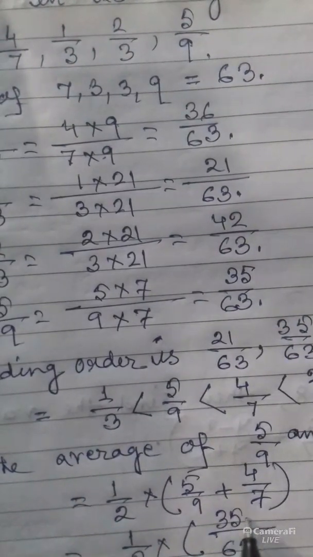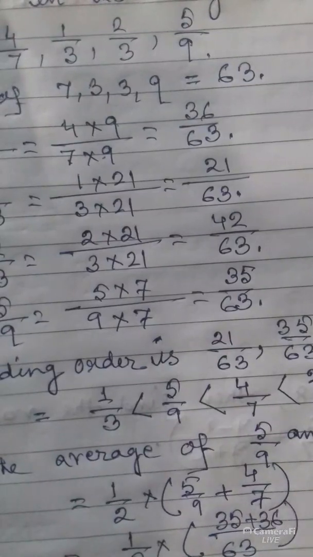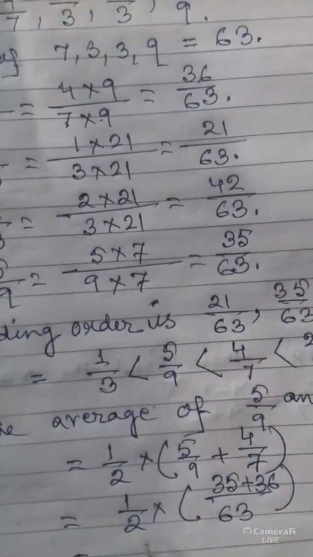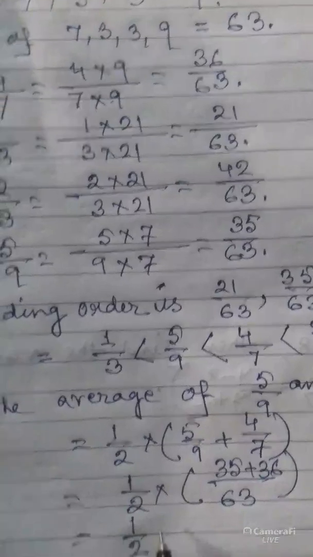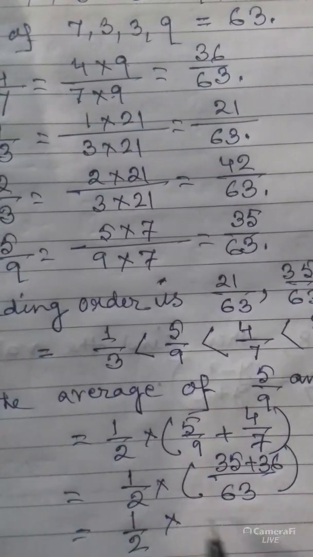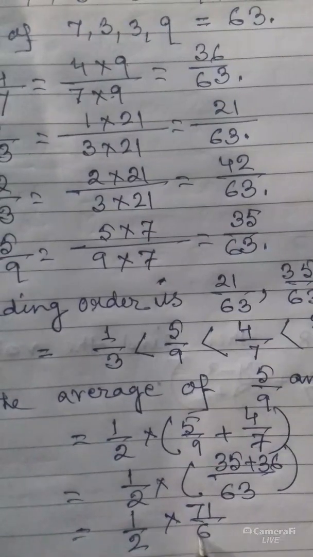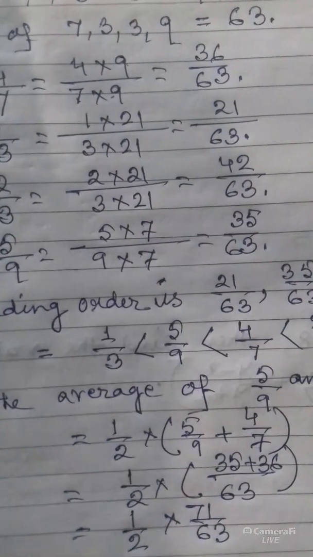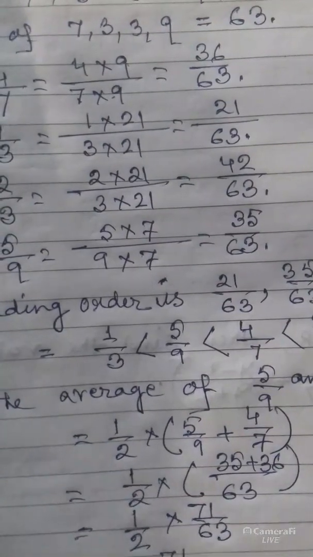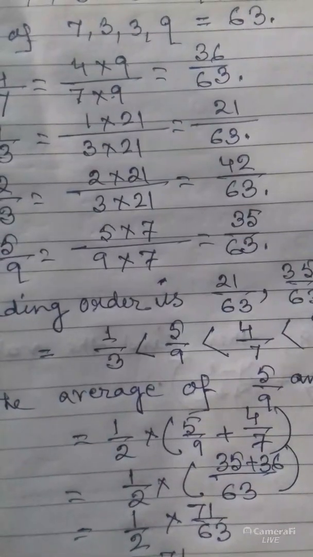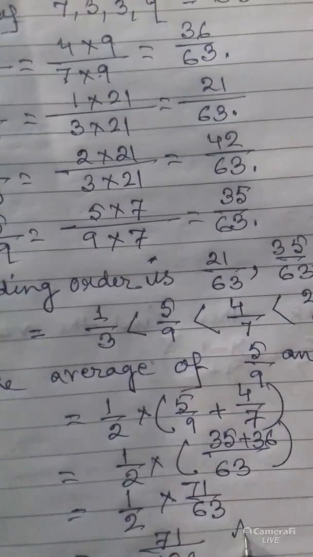Now 35 plus 36 equals 71, so half into 71/63. So the answer is 71/126.